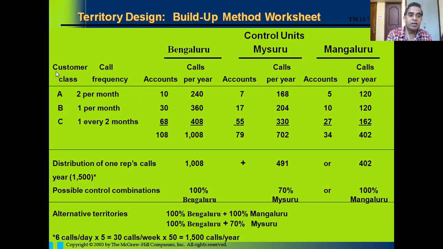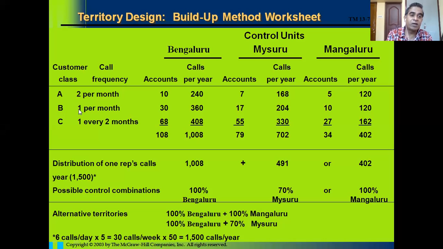So I hope you understand the desirable call pattern. Depending on the potential of each customer, the customers are classified into A, B, and C class, and for each class the call frequency is different. This is what we call a call pattern. A class, the high potential customers, require 2 visits per month by sales reps.